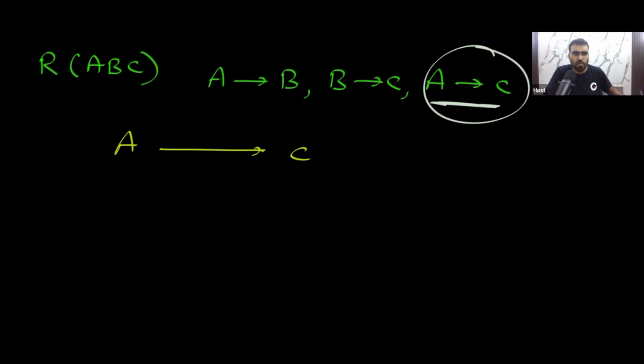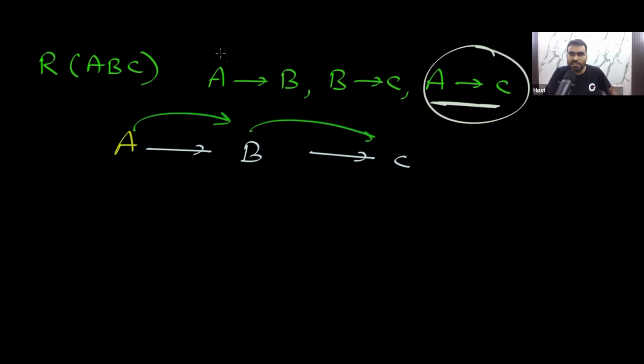The answer is no. Why? Because I can indirectly preserve this. Are you getting my point? I can transitively preserve this functional dependency. So I do not have to put AC together in the same relation.